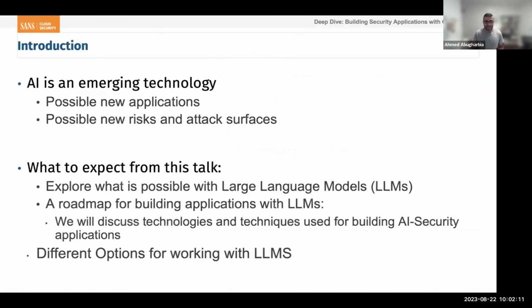So with that, let's have an introduction and talk about why exactly we are bringing this up. AI is an emerging technology, and in a way, it reminds us of 10 years ago with cloud. Back then, the security community was trying to figure out how it was going to affect the security world. This new thing was coming, people were moving their loads into someone else's computer. That was the term that was used.